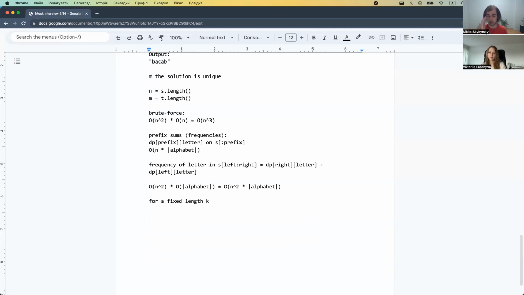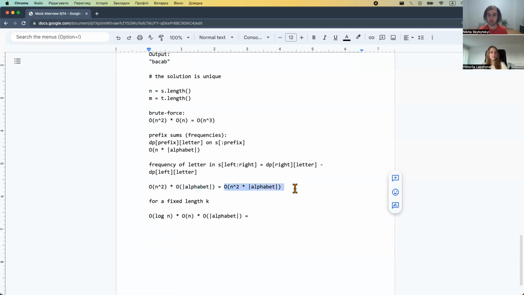So what does it mean actually? It means that we can use binary search over the length of this string, right? There are only n possible lengths, so binary search will terminate within log n iterations. Now what does each iteration do? It considers big O of n strings of this length, and for each of them it applies this algorithm with pre-computed prefix sums.